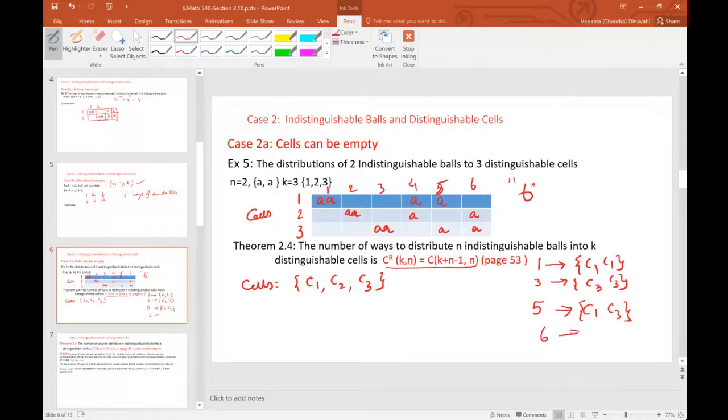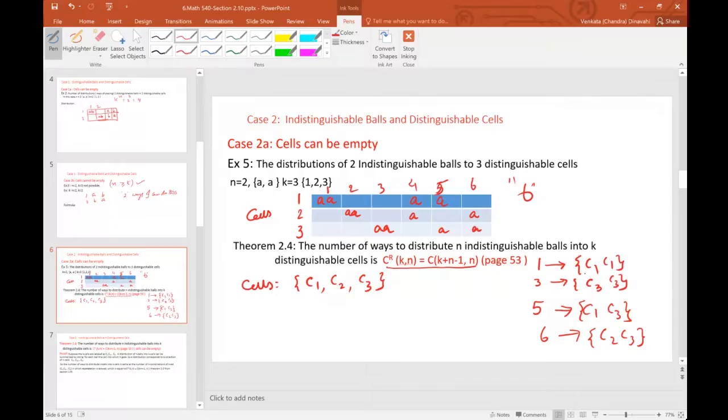For distribution 6, I can think of that as one ball in cell 2, the other in cell 3. So a distribution is nothing but listing each ball into the cell in which you are placing it. For example, cell 1 I'm putting the first ball, cell 1 I'm putting the second ball, cell 3 I'm putting the first ball, cell 3 I'm putting the second ball.